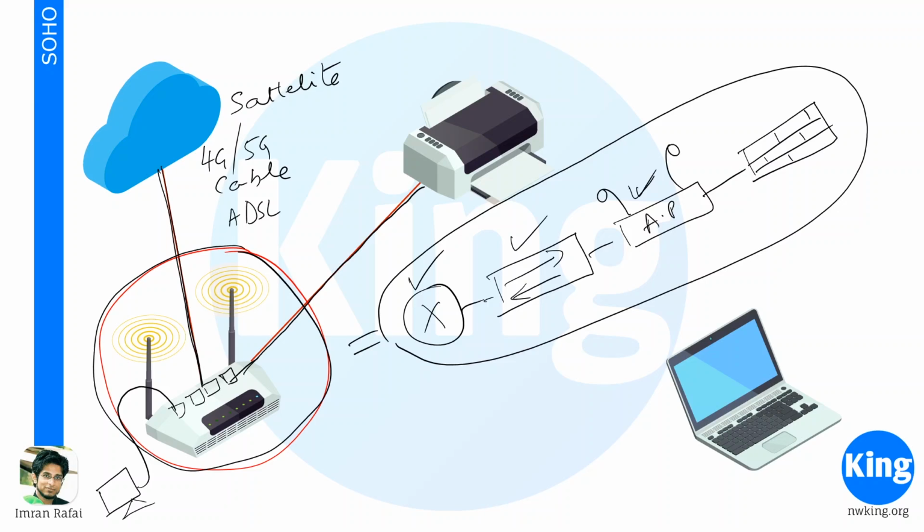But in this case, these are called autonomous access points, which means the configuration also sits in this access point. So you would typically go inside and configure the SSID and the password, right? Once the SSID and password are configured, anybody with that SSID and password can log into the access point, right?